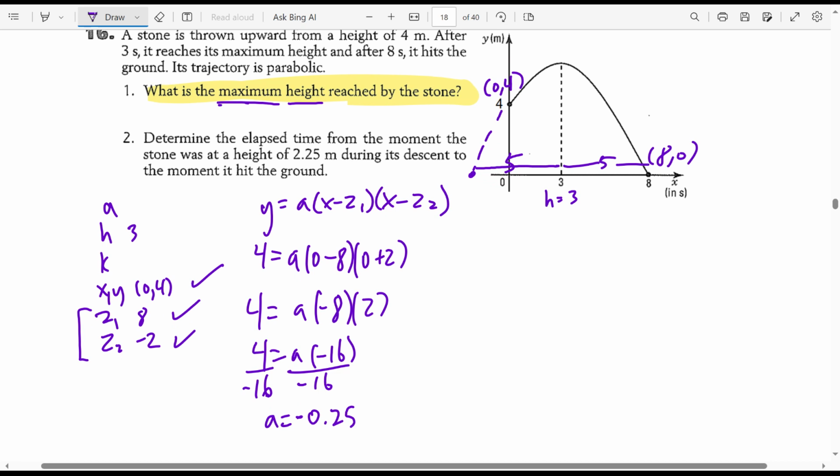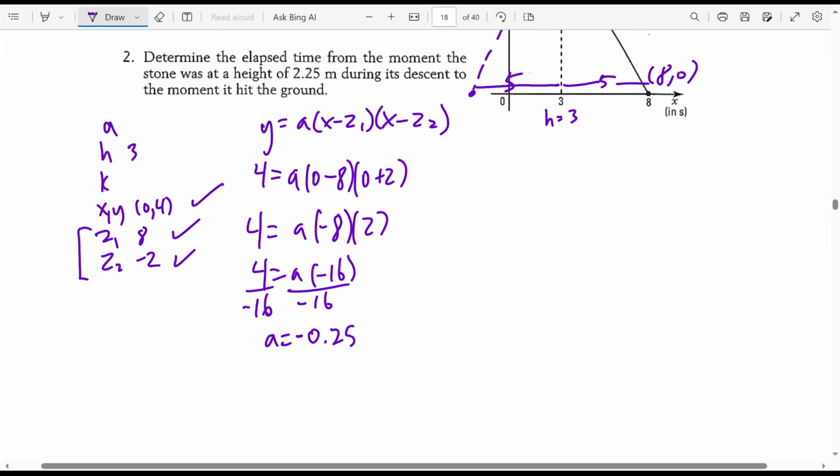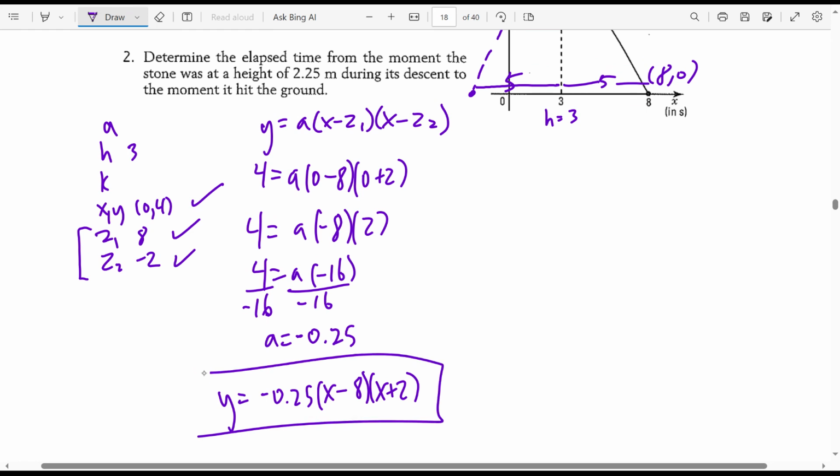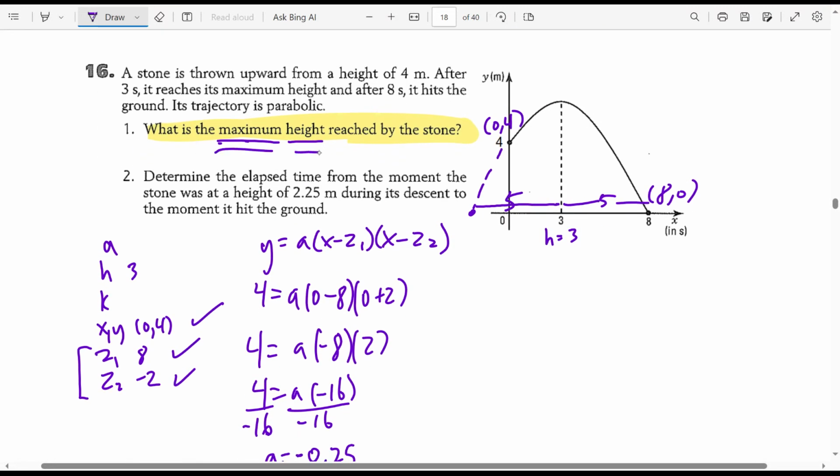The formula here says I'm going to be subtracting a negative 2, so I'm just going to write it as 0 plus 2. Right? So now, I didn't just get A as negative 0.25. We did all of this and found that that is the function. Minus 8, x plus 2. That's the rule now. It's in factored form. The question is asking me to find out the maximum height.